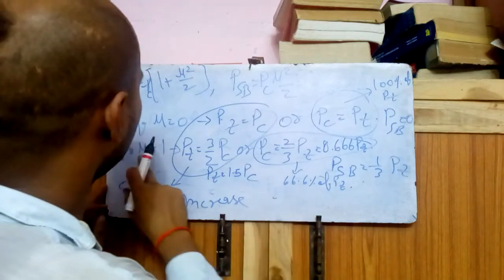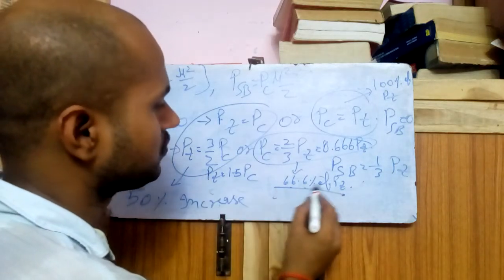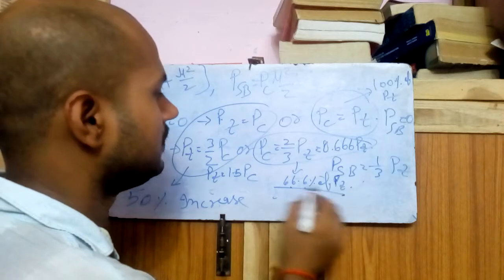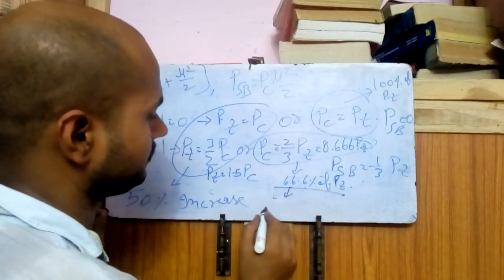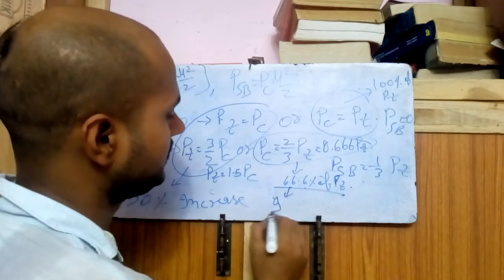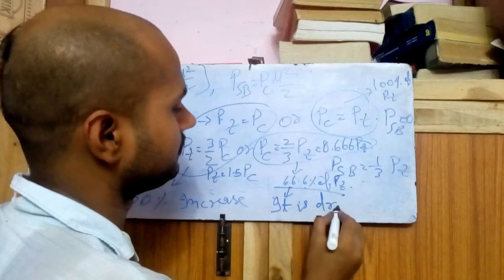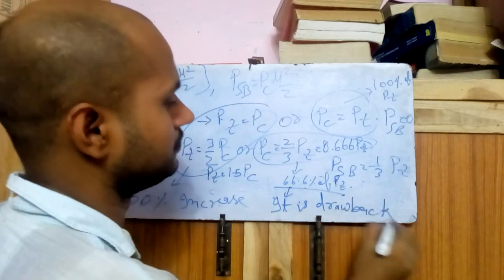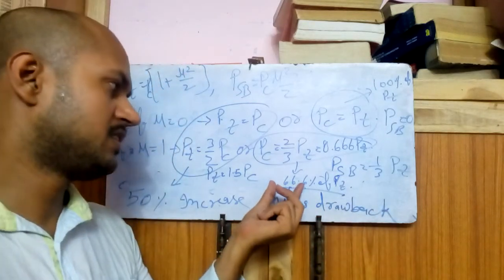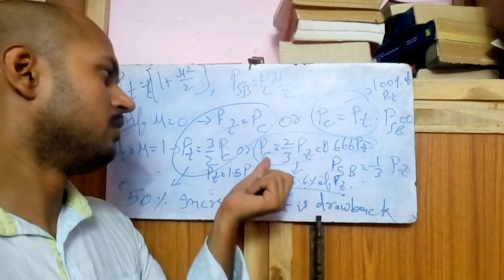But for mu equal to 1, still 66.6% of Pt is contained by Pc. So it is a drawback.